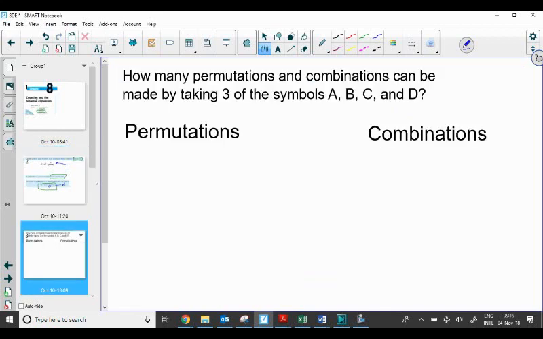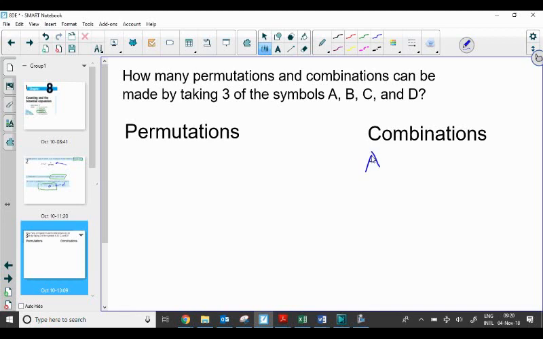So first, let's just look at the difference of these two. Here are the 4 symbols I referred to a moment ago, A, B, C, and D. How many permutations and how many combinations of each of these can we make? I'll do the combinations first. I'm going to take 3 of these 4 symbols.